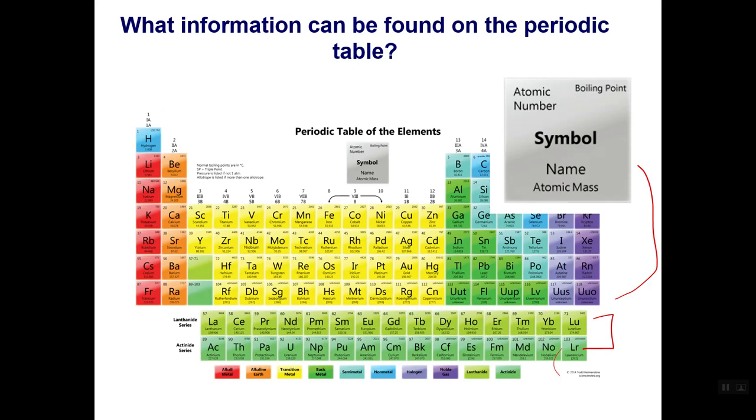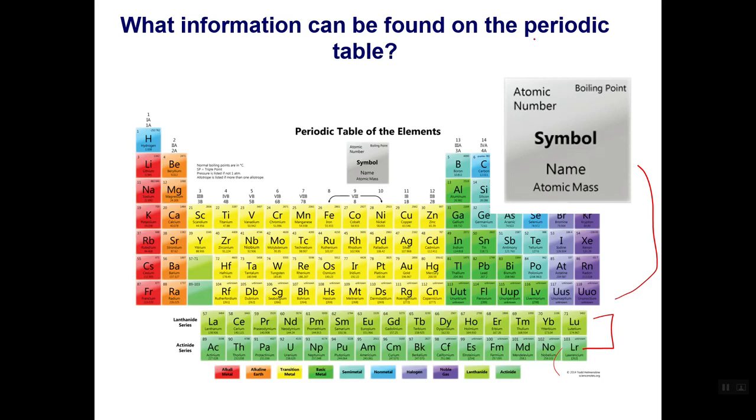So what information can be found on this table? That's going to be very important. Each one of these squares represents a different element, and each square is going to have an array of information on it. So I actually took this, which shows you pretty much what's found on each square, and blew it up really big so you could see it better.